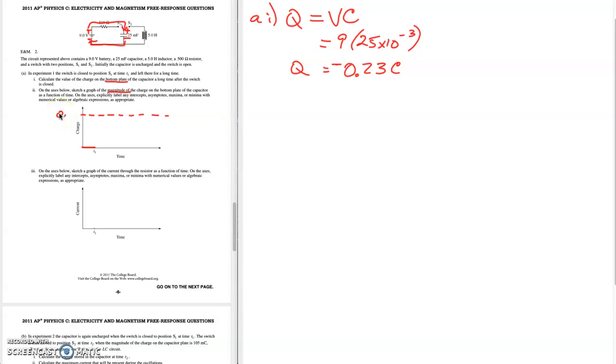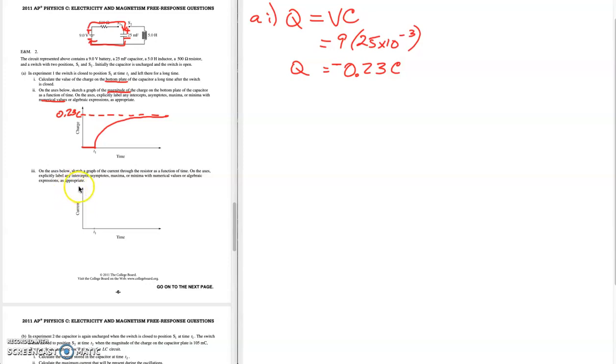So this is now going to be positive 0.23 coulombs, and this is going to be a 1 minus exponential decay. And it will reach 0.23 coulombs asymptotically. They do actually want you to label this. They do explicitly label any numerical values. Okay, so they want that.